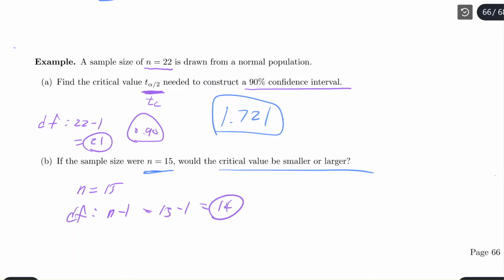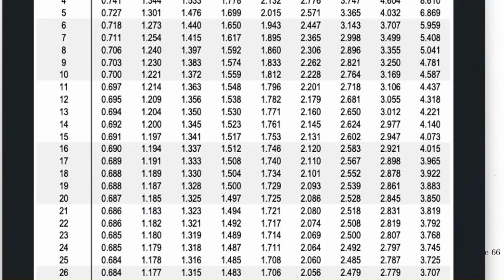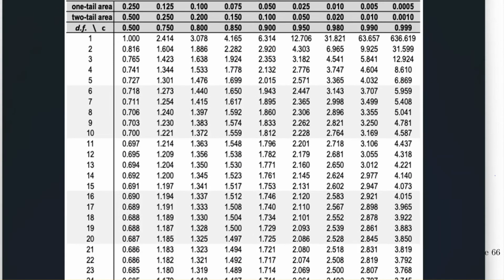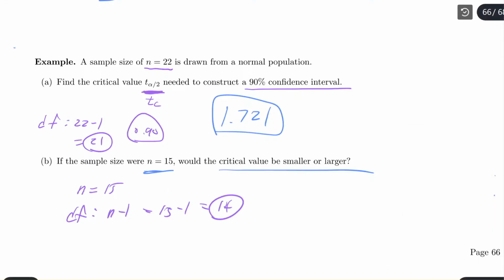So let's look at 90% and 14. 90%, 14 is right here, 1.761. So it is larger. Larger essentially means that we'll have a larger margin of error. In general, of course, the larger the sample size, the smaller the margin of error we could have.